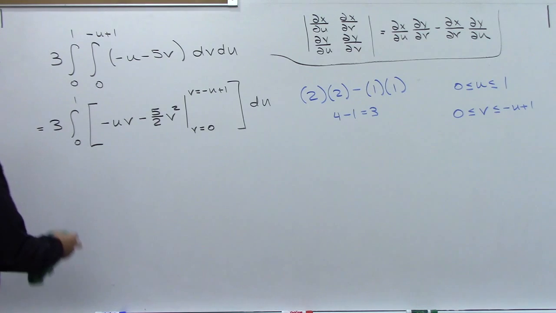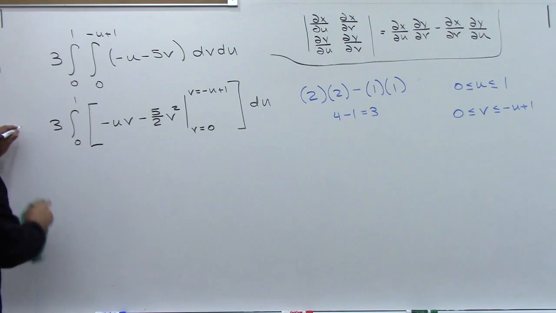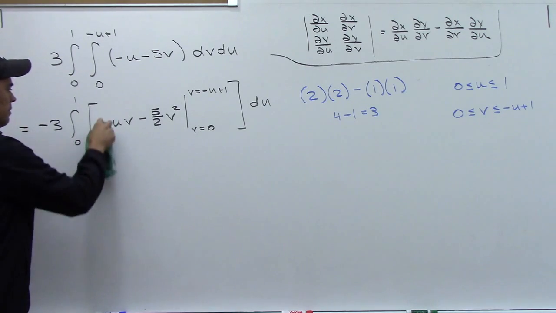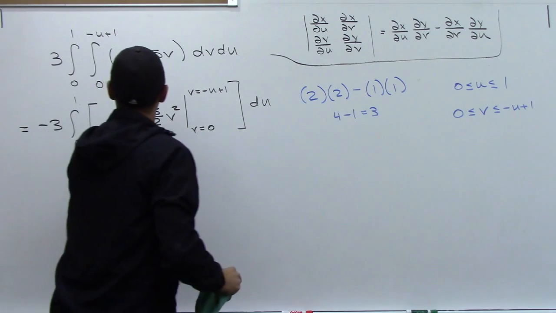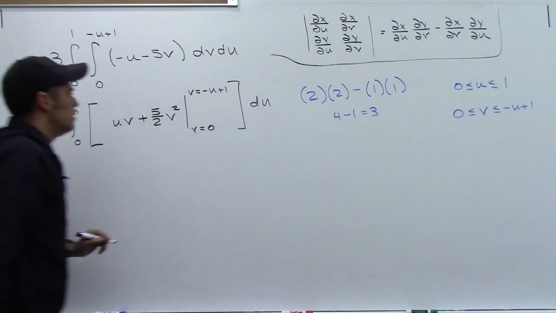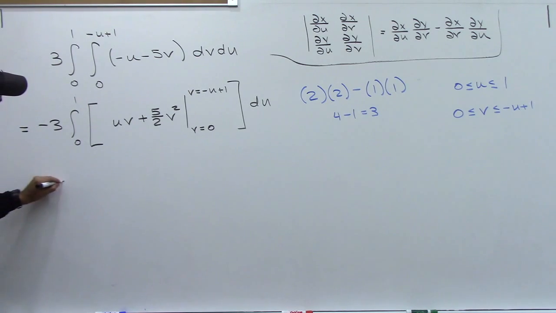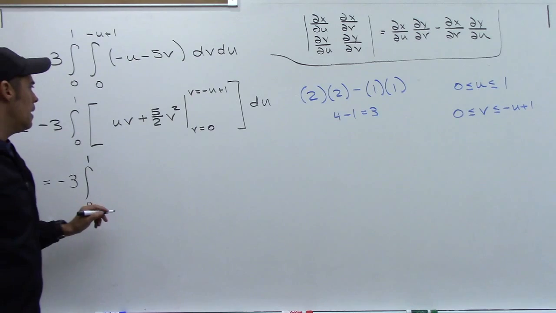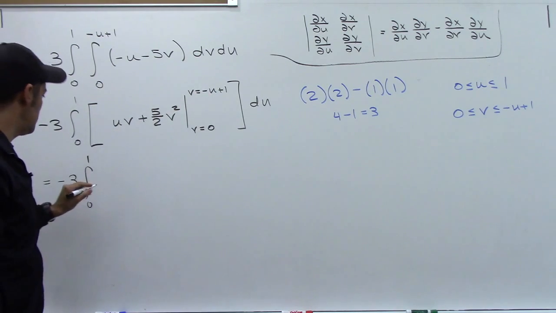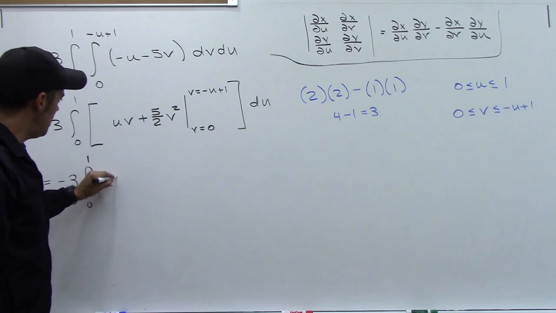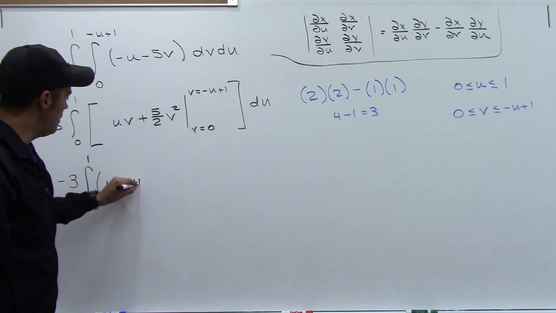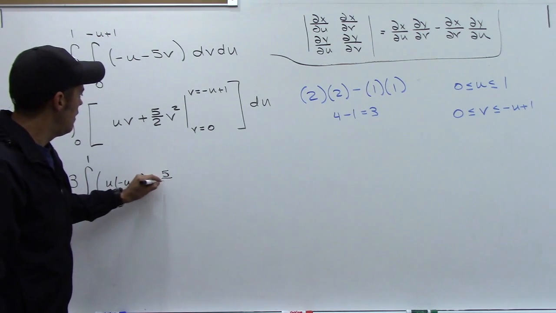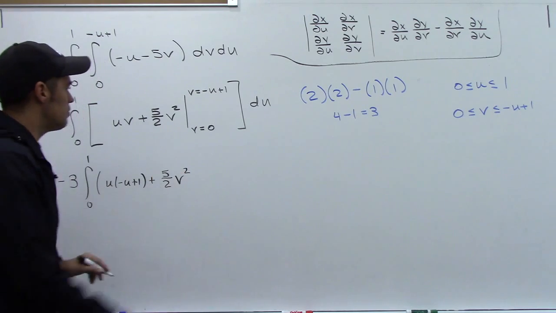These are both negative, so I'm pulling the negative out, make this a negative 3, make that positive, make this positive. So we've got negative 3, integral 0 to 1, and then let's replace v with this. So I get u times negative u plus 1 plus 5 halves v squared. Nothing gets replaced in there.